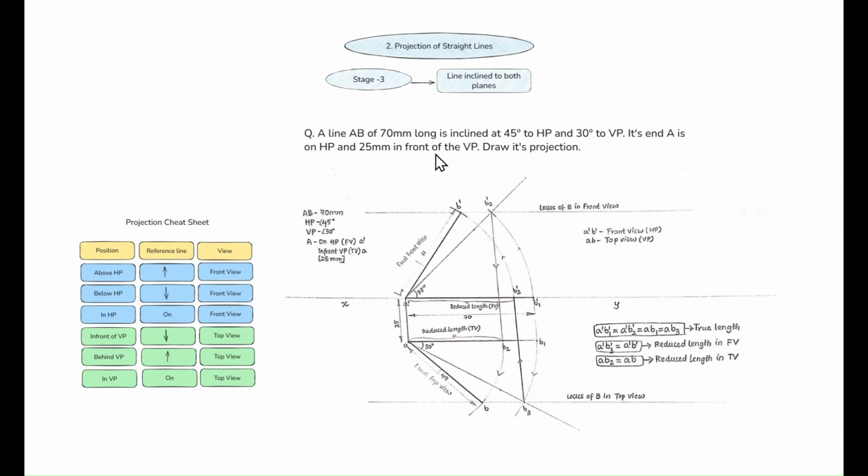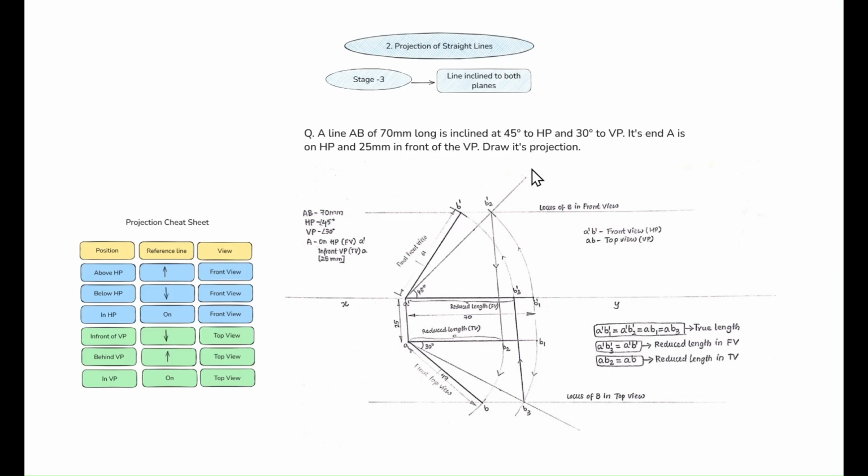Okay, well done. Now this is the final stage in part 2, stage 3, which is lines inclined to both planes. So for this particular topic, I have selected the question which was given by one of our viewers in the comments. So to explain that particular question, this is the concept that is needed to understand.